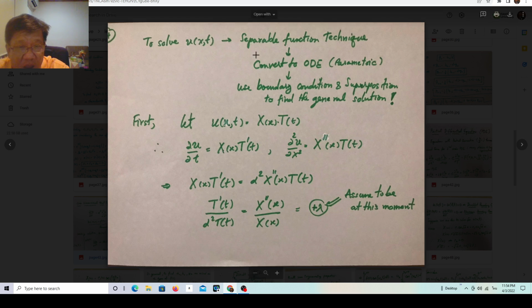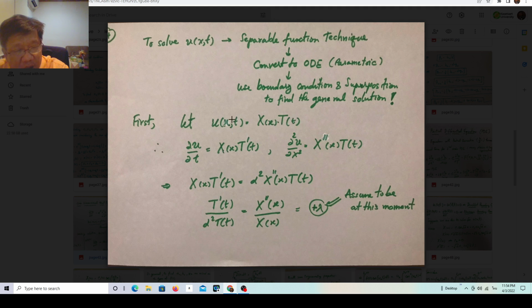One key thing about the separable function technique that you might want to remember is that we set up u of x,t as the multiplication of two functions, and each function relies on its own domain. Like in this one, u of x,t is equal to capital X relying on the small x domain, times capital T relying on the t domain.